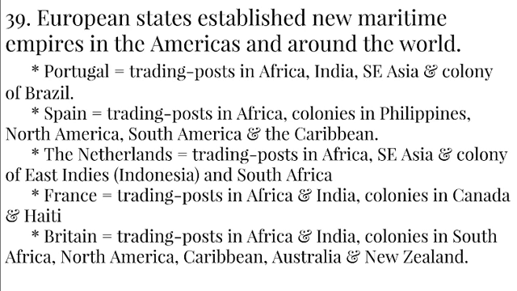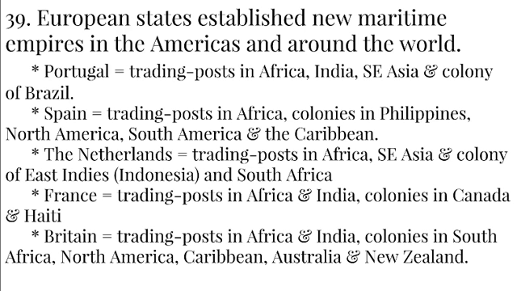And the Dutch, their main thing is going to be the East Indies, right, what we call Indonesia, Southeast Asia. They're also going to have a territory in South Africa that the British are eventually going to take away from them, though. France, they're going to have territories in Africa and India, in Canada, and in Haiti, right, in the Caribbean.